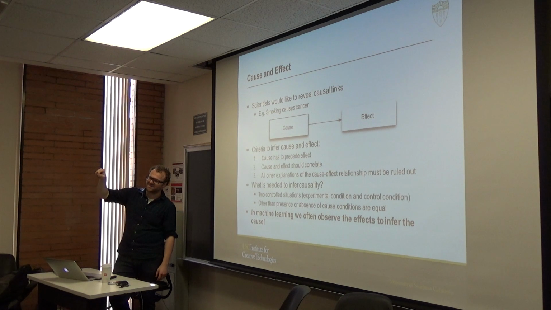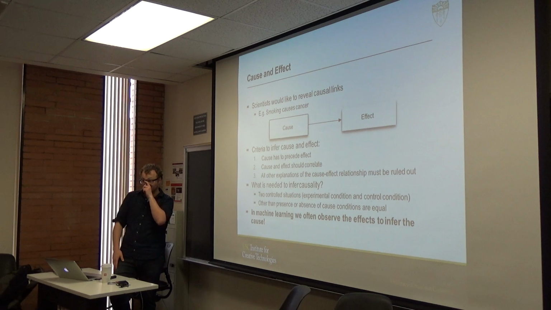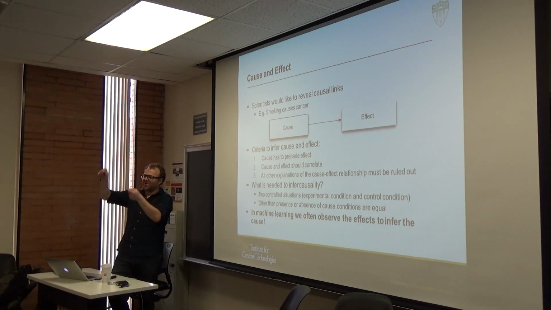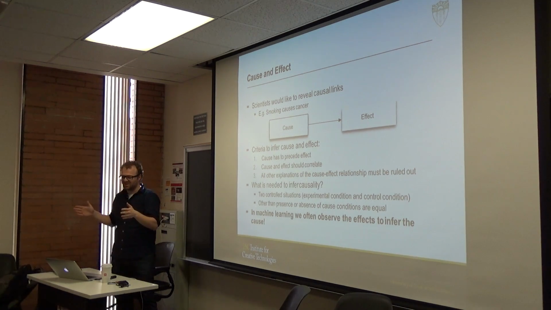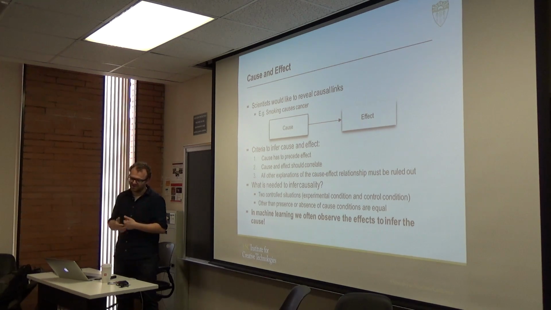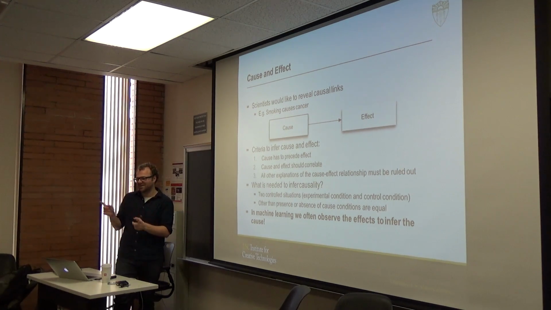So you have the weather station somewhere on a mountain or somewhere down at sea level, and you measure temperature. And obviously the higher you're up in altitude, the lower the temperature is going to be. But it's not like the lower the temperature, the higher, so that's not causing you to move up, right? They had like 100 of these examples from different sensors where you have one cause and one effect, and the machine learning algorithm had to find out which one's the cause and which one's the effect from that data set.